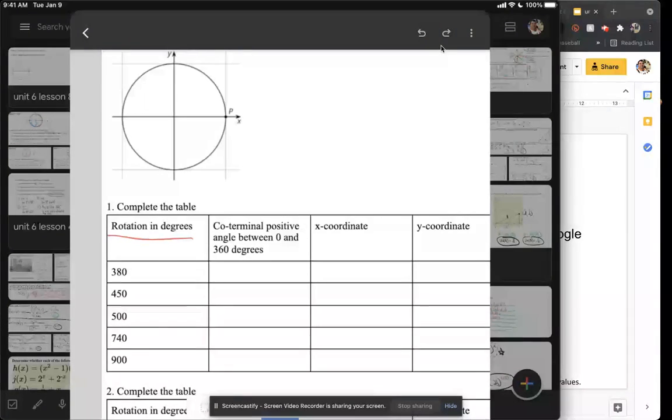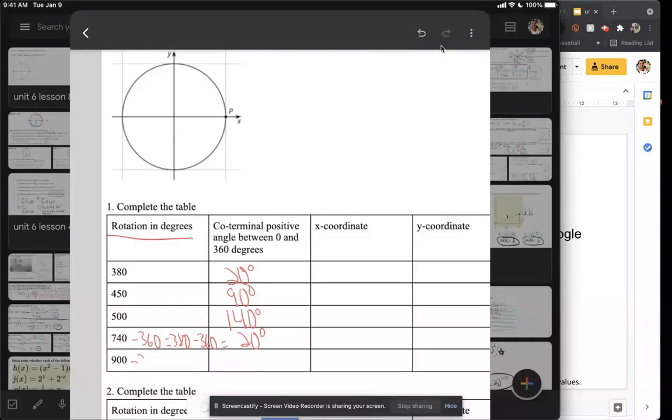So for example, 380 minus 360 is 20 degrees. 450 minus 360 is 90 degrees. 500 minus 360 is 140 degrees. 740 minus 360 equals 380, so I'm going to have to subtract 360 again and get a coterminal angle of 20 degrees.